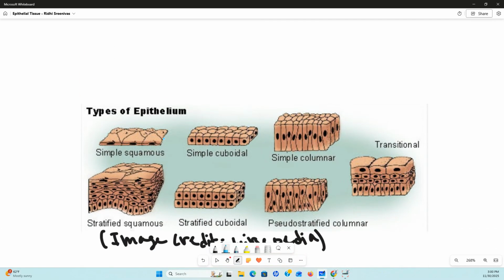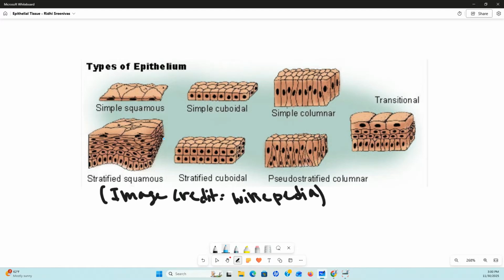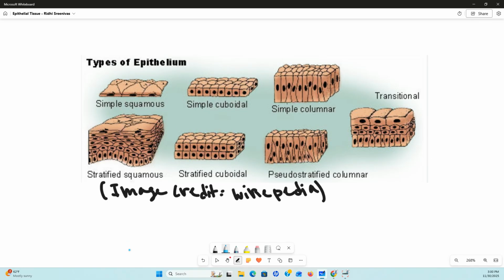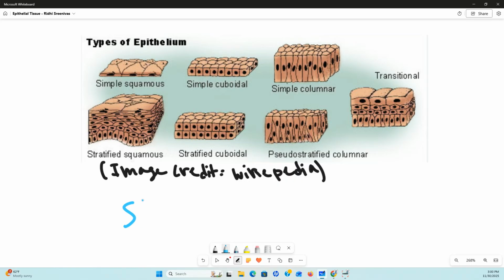And this is a diagram of what simple squamous looks like, stratified squamous. So, but why is this important? Why are classifications important? Because a big biology concept is structure can tell us the function of something.